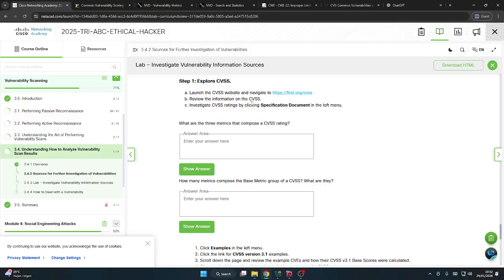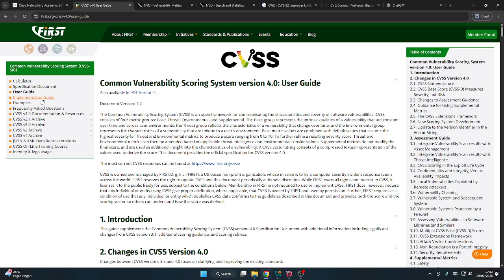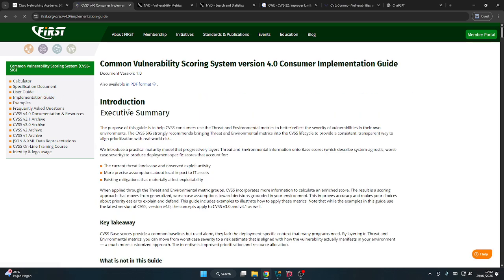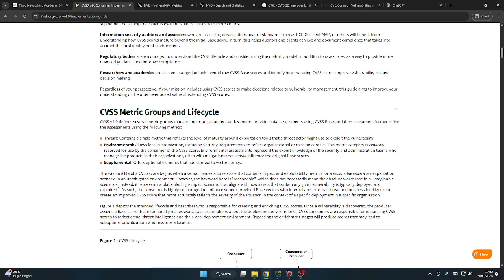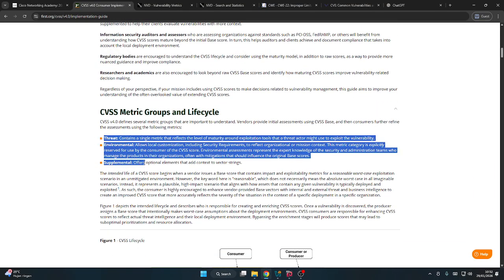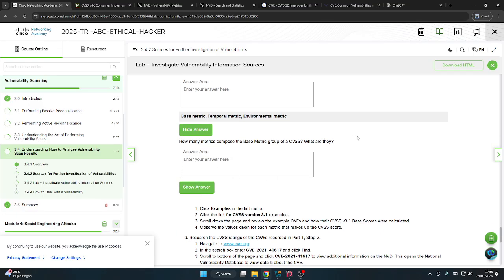What are the three metric groups that compose the CVSS rating? Base, threat, environmental, and supplemental maybe. How many metrics compose the base metric group of CVSS, and what are they?